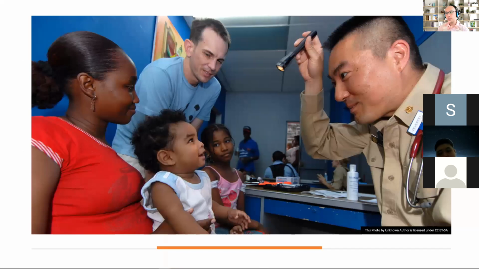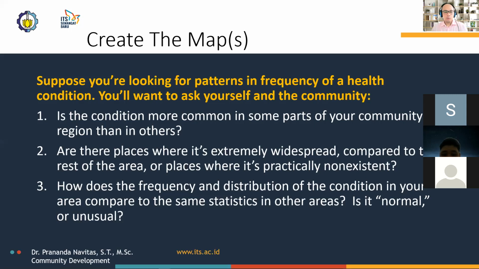So for the following sections, let's assume that we are observing a public health issue in a community. So suppose you're looking for patterns in frequency of a health condition.